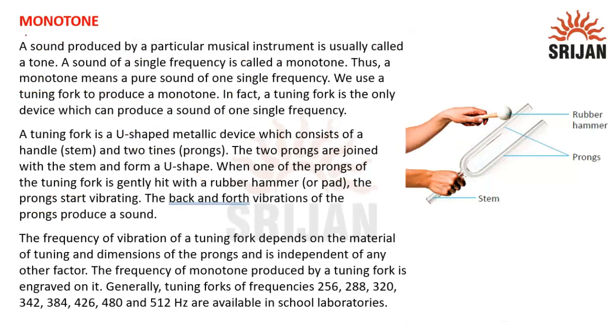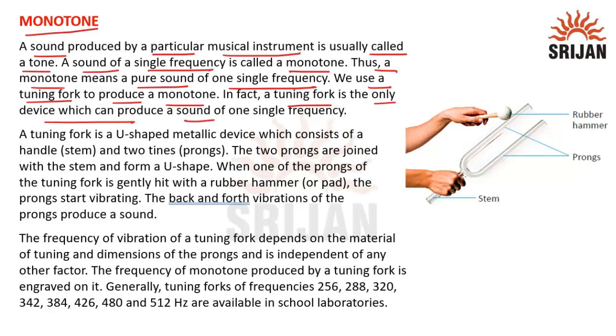Now let's discuss monotone. A sound produced by a particular musical instrument is usually called a tone. A sound of single frequency is called a monotone. Thus, a monotone means a pure sound of single frequency. We use a tuning fork to produce a monotone. In fact, a tuning fork is the only device which can produce a sound of single frequency.